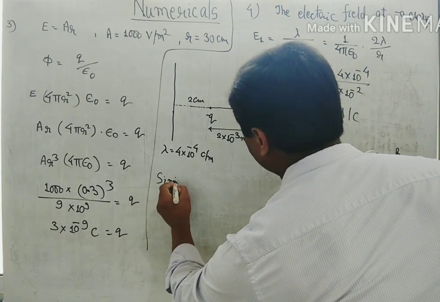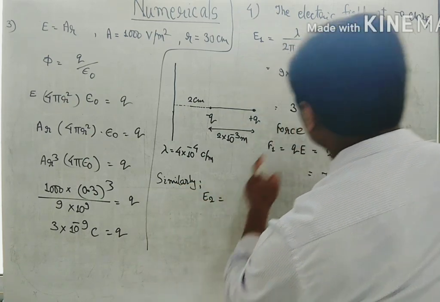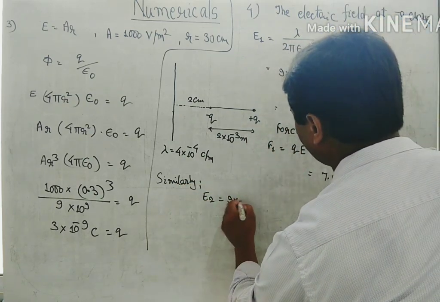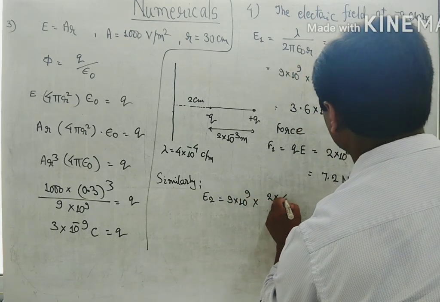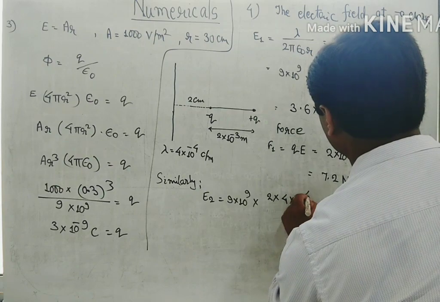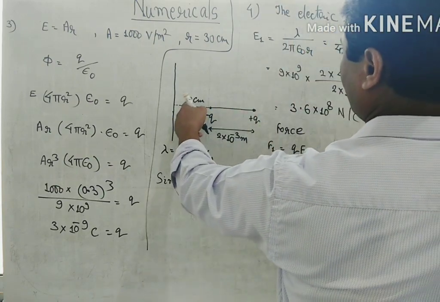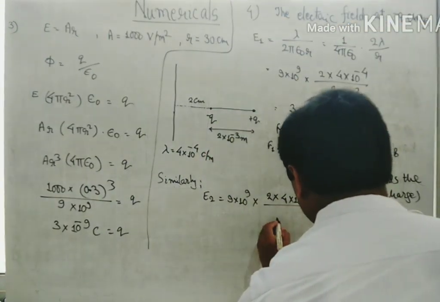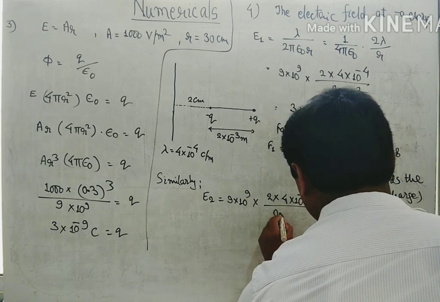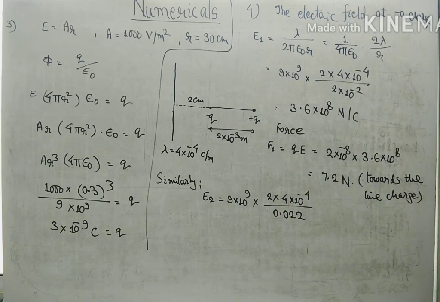Similarly, E2 will be equal to 9 into 10 power 9 into 2 into 4 into 10 power minus 4 upon the distance. See, the distance would be 2 centimeter plus this, so here the distance you will get is 0.022 meter.